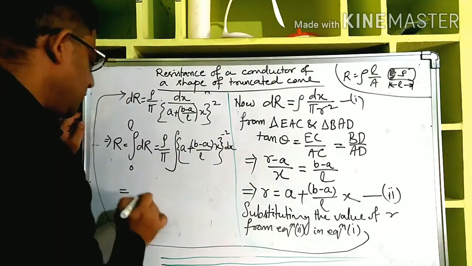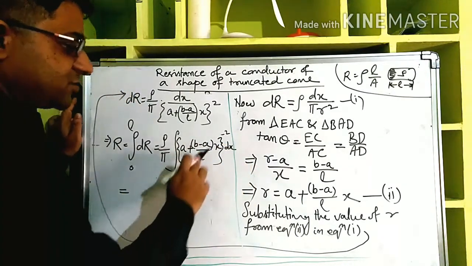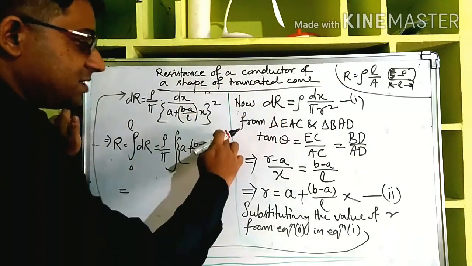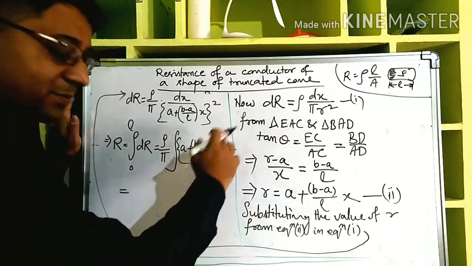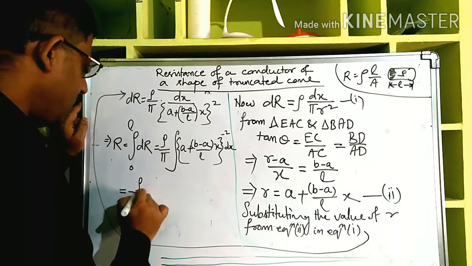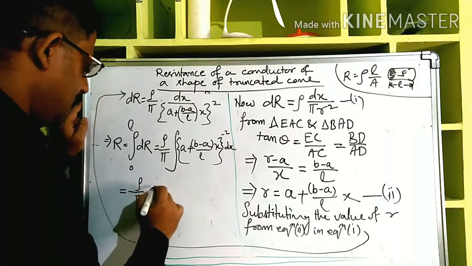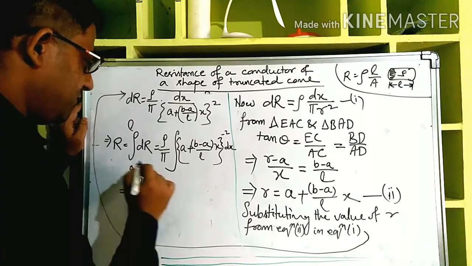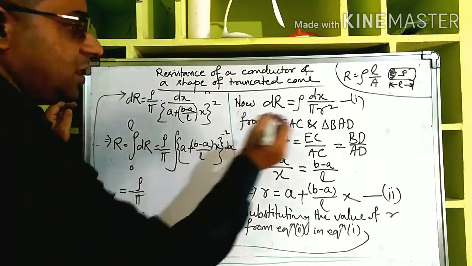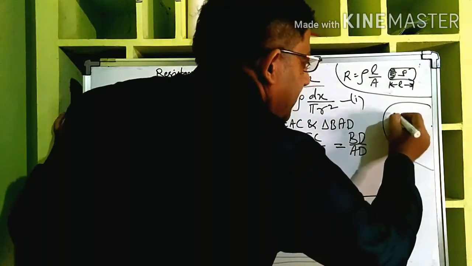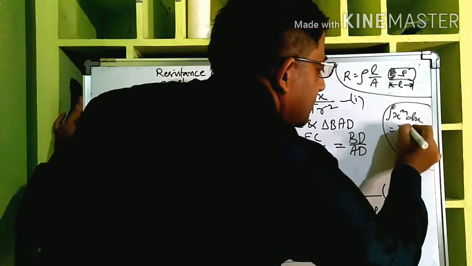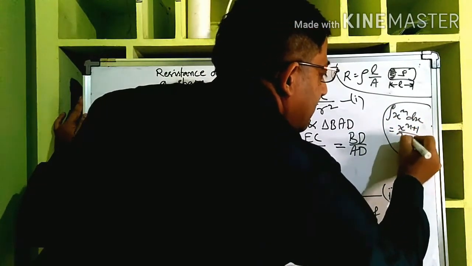Now this is equal to, you know some integration rules, right? Integration of x to the power n dx is x to the power n plus 1 by n plus 1. So minus 2 plus 1 is minus 1, by minus 1. That minus I am writing in front, rho by pi. This is again a rough idea: integration of x to the power n dx is x to the power n plus 1 by n plus 1.